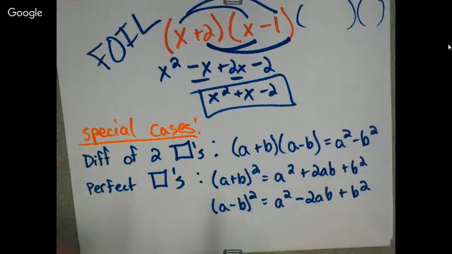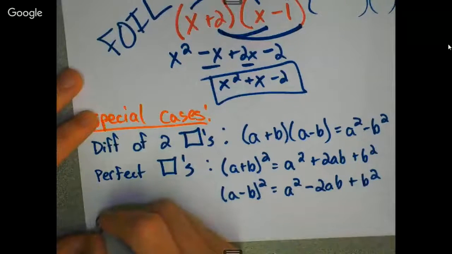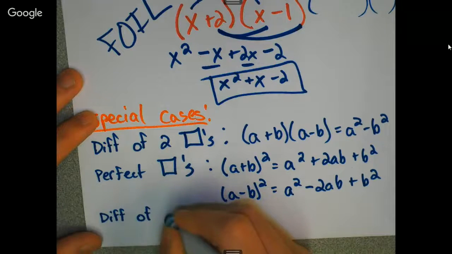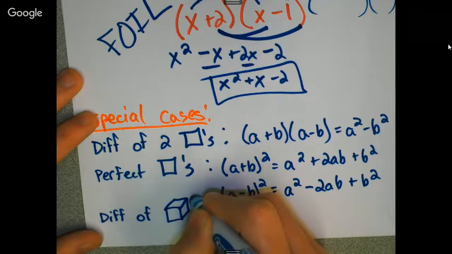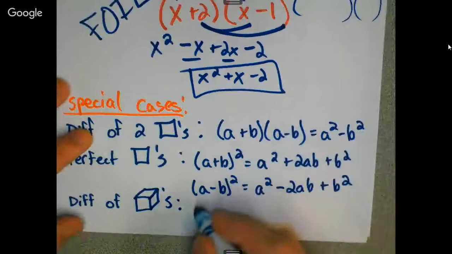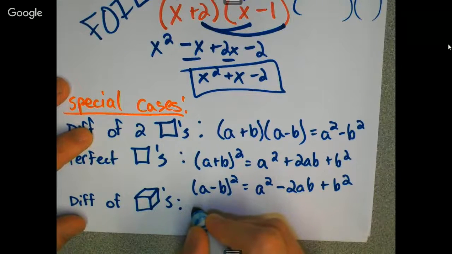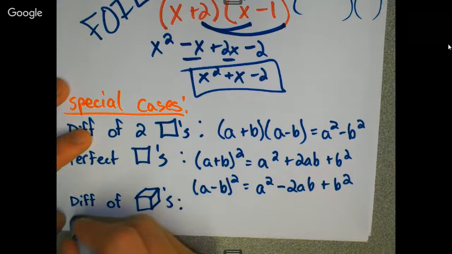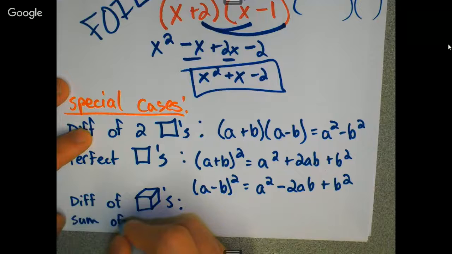And there's two more. They're called difference of cubes. Okay, so difference of cubes. There's two of them. Well, there's one difference of cubes, and then we have sum of cubes.